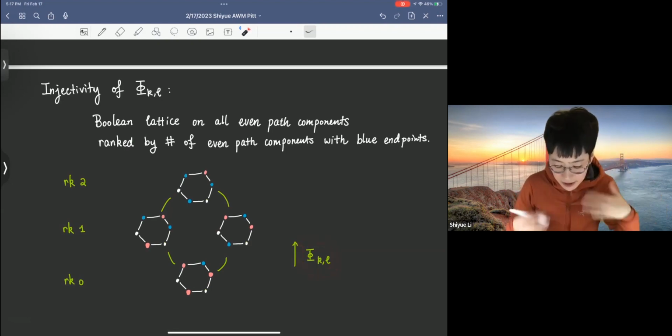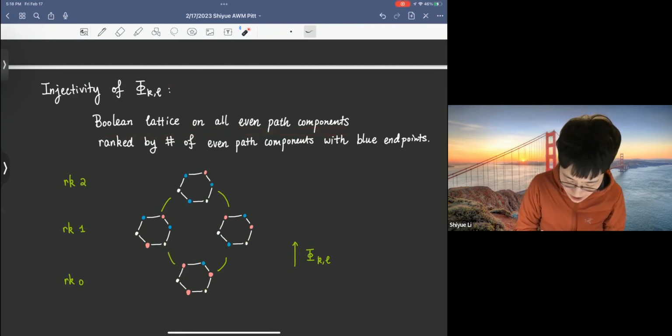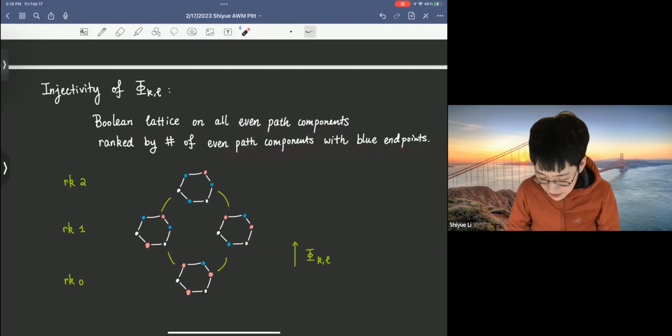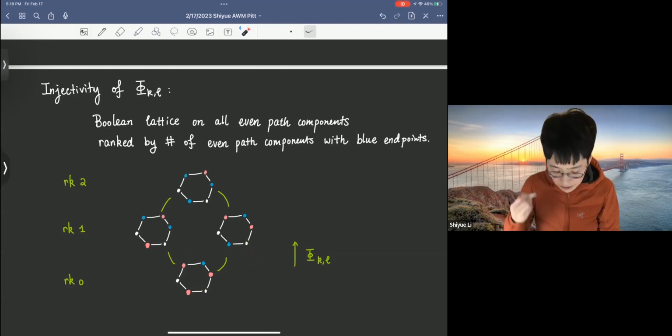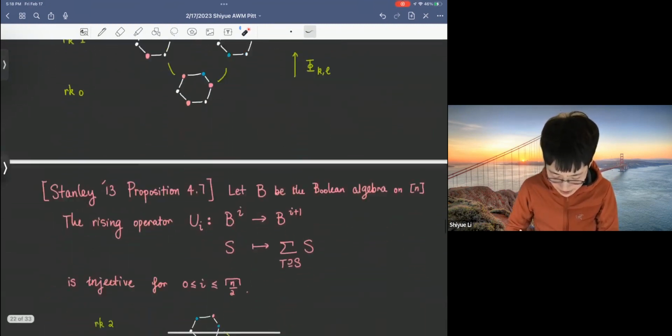So conceptually, you can understand this graph as a raising operator on the Boolean lattice on all the even path components. This Boolean lattice is ranked by the number of even path components with blue endpoints. So this operator here is exactly going from the B level to the B+1 level, where B is the number of path components with blue endpoints.